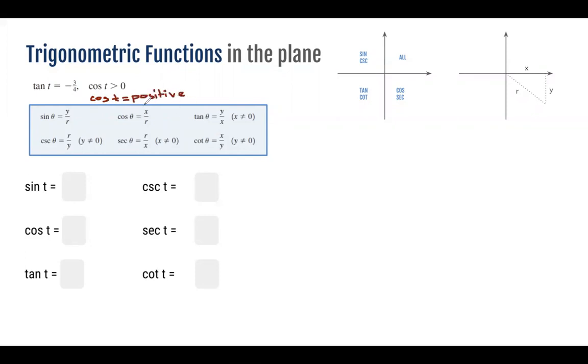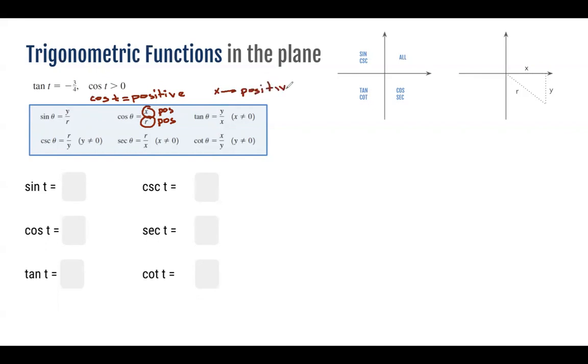And we know that cosine of t is x over r, and r is always positive. So if r is positive, in order for cosine to be positive, x would require a positive value as well. So we know that we're going to be in a quadrant where cosine is positive, meaning where x is positive.